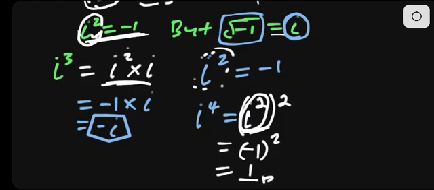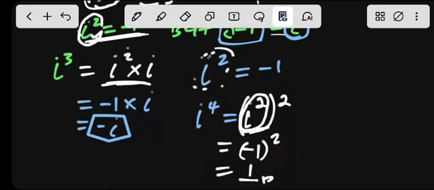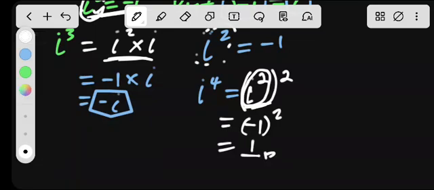I want you to check something, guys. Let me write again this side: i raised to the power of 5. 5 is odd. I want to check when we have an odd exponent. You can rewrite this, guys.